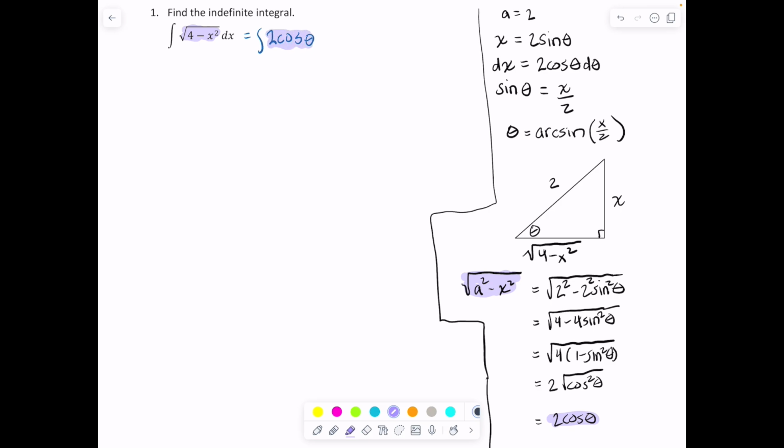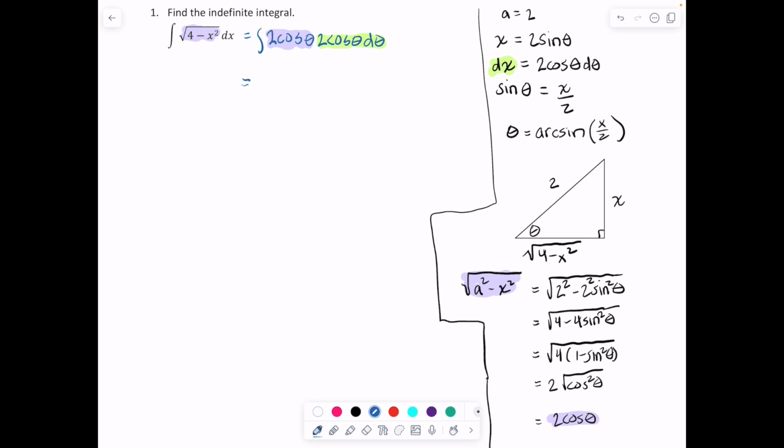And then dx will be 2 times cosine theta d theta. So this comes from over here, what we did earlier on. And now we can get going.